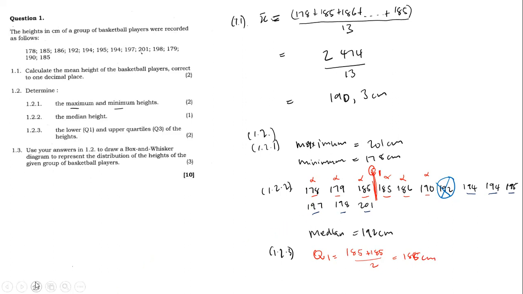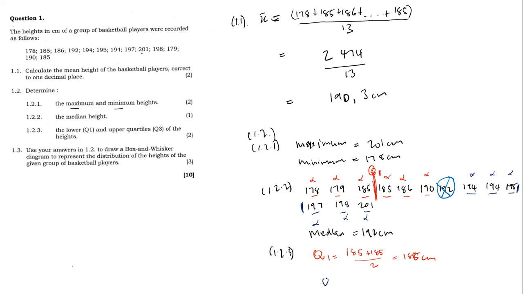Now, to determine the upper quartile of the data set, you use your second half. You're going to determine its half once more: 1, 2, 3, and then here it's going to be 1, 2, 3. Meaning our median of this half, which is actually Q3, is between 195 and 197.